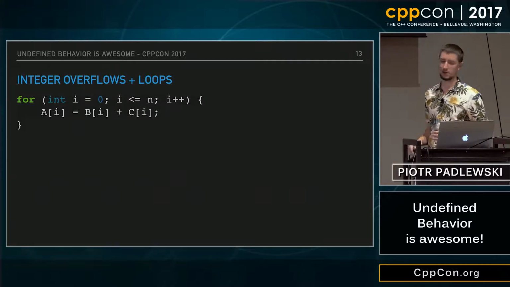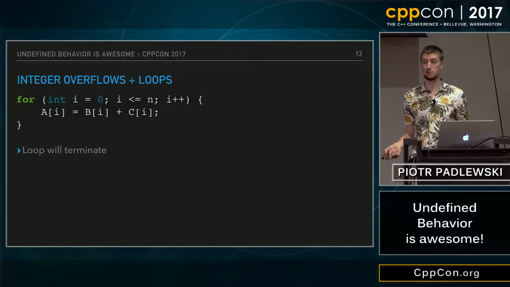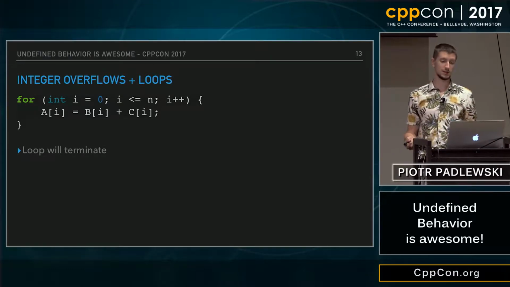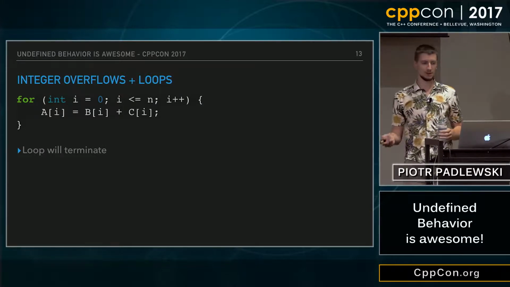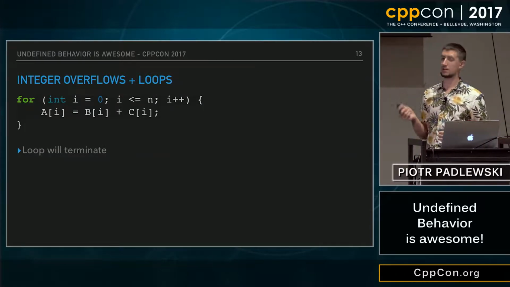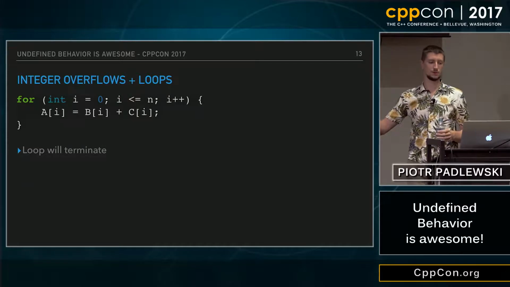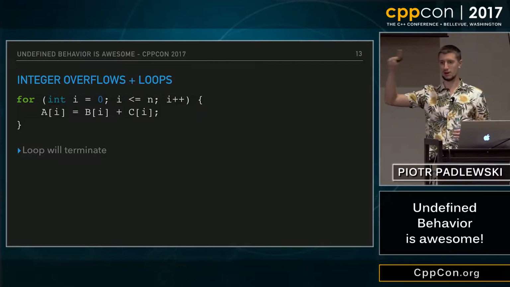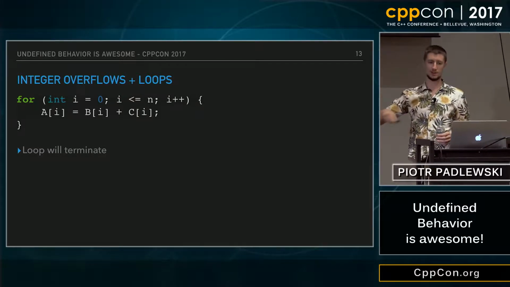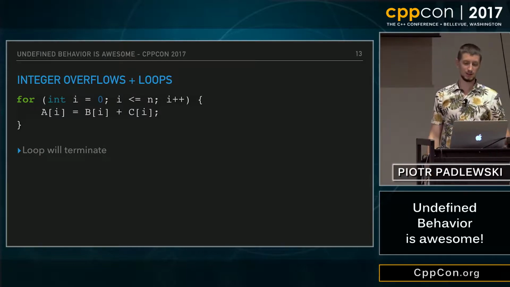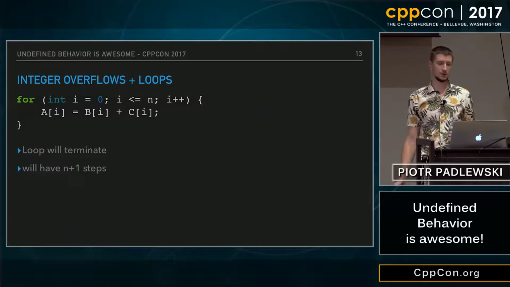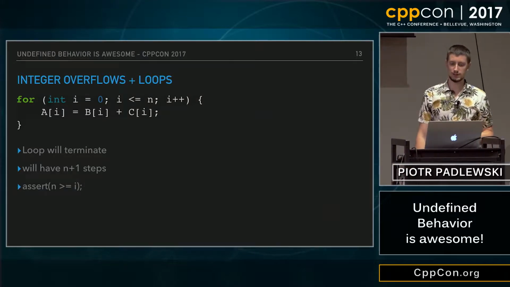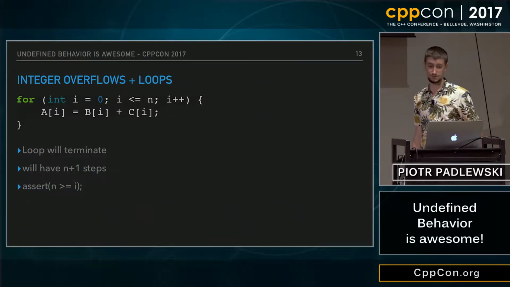The Java compiler probably will not be able to tell you that, for example, this loop will terminate, right? Because integer overflow is defined in Java. So n could be the maximum value of the integer, so it could just wrap and go, and won't terminate. But with undefined overflow, it will know that this loop will have n plus 1 steps, or that n is always greater than i.